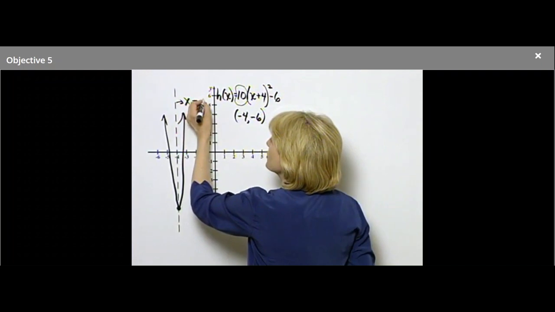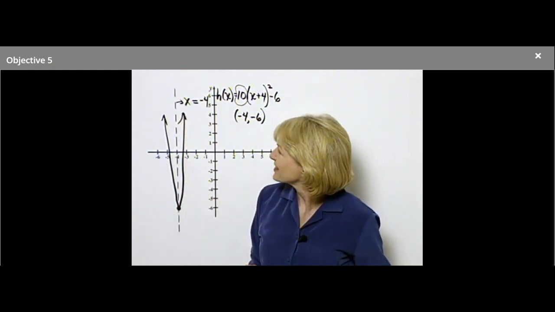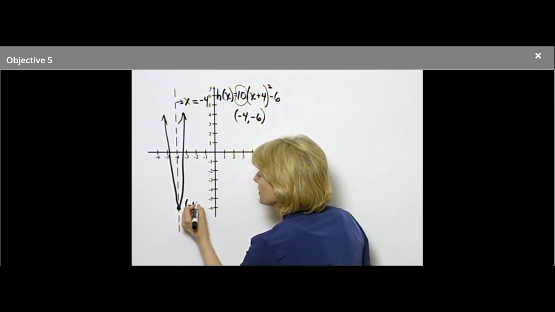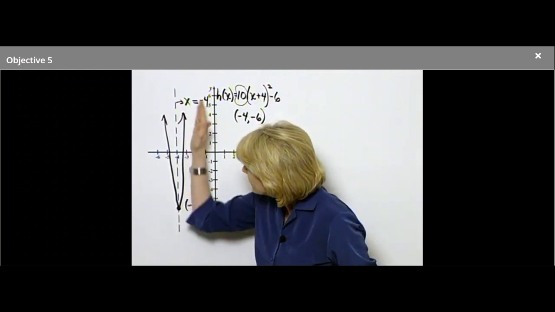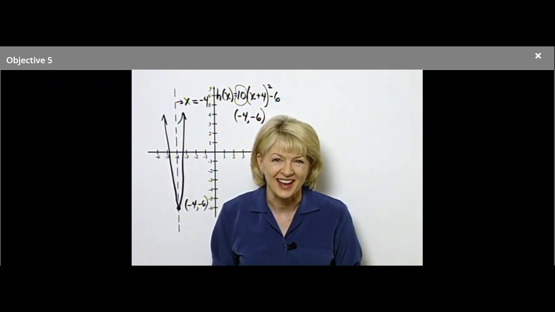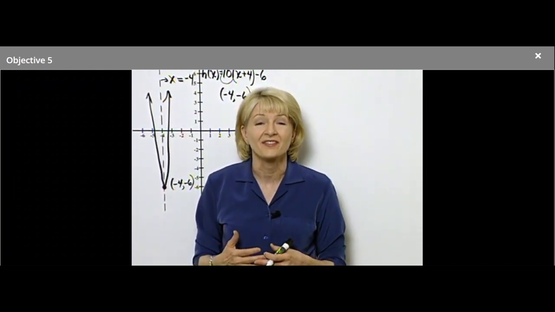So the x value of the vertex is -4. This vertical line has equation x equals -4. The vertex has coordinates -4, -6. And this is a function. It does pass the vertical line test. All right, this time practice graphing quadratic functions.